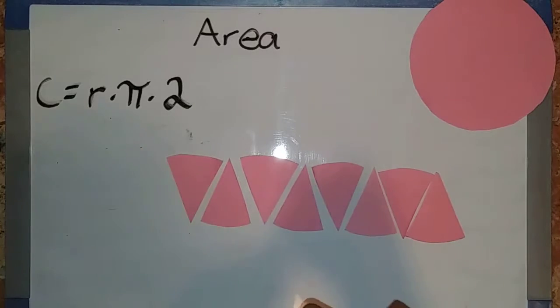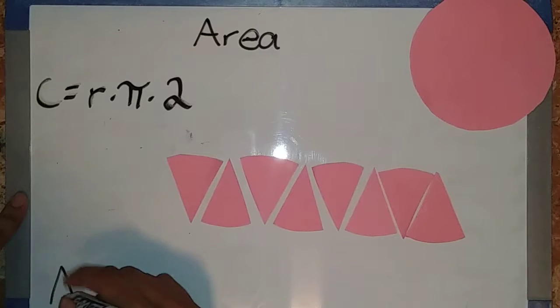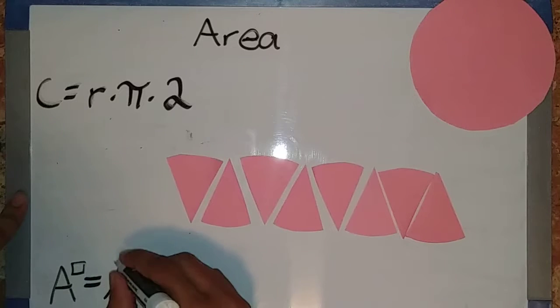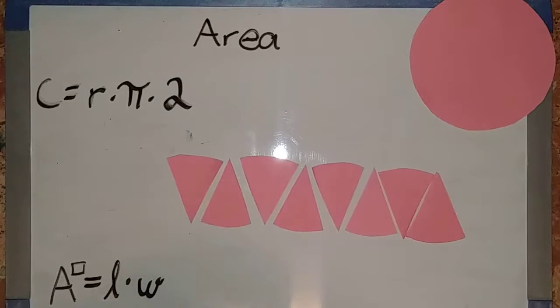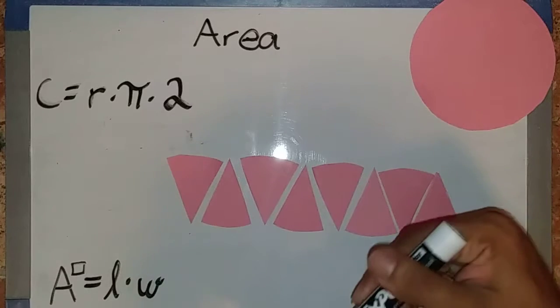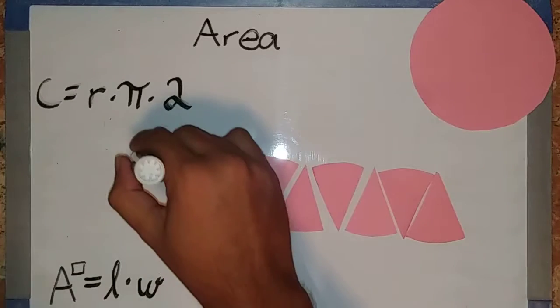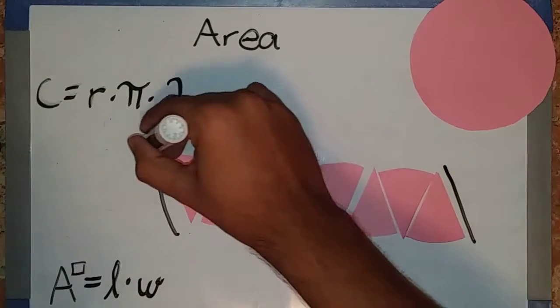Now, finding the area of a rectangle, let's just draw it here. The area of a rectangle can be found by multiplying the length times the width of a rectangle. Now, you could tell the students to perhaps draw a rectangle going around, or even a parallelogram if the students cannot recognize it.